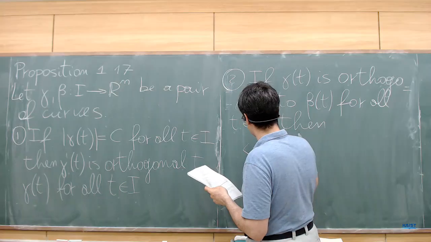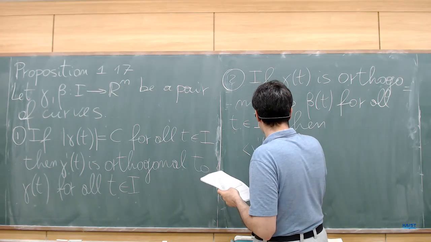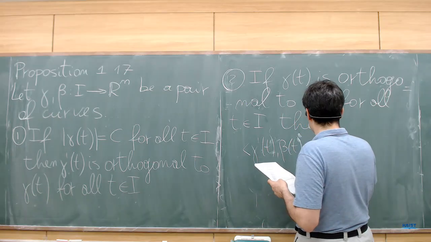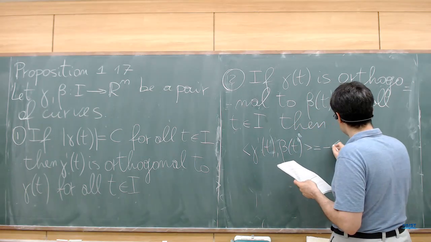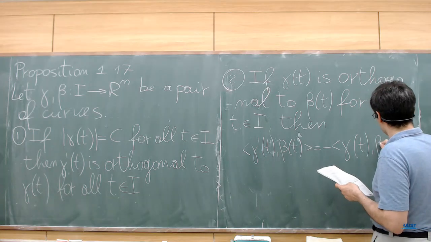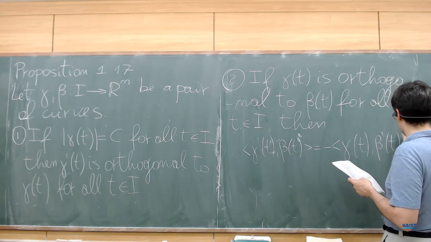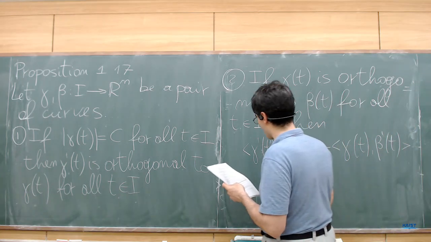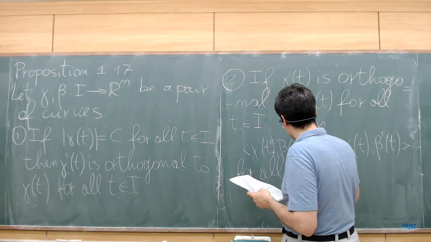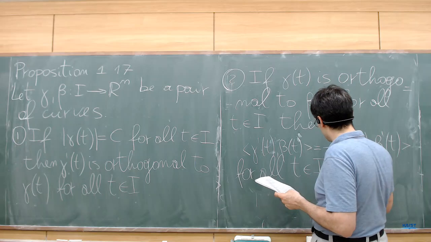The inner product of gamma prime t and beta t is equal to negative the inner product of gamma t with beta prime of t for all t in I.